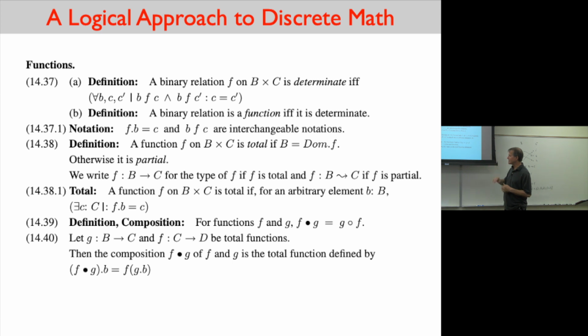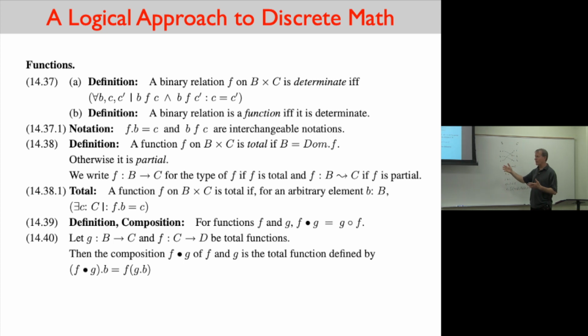So that's the thing about it. And I think the reason we're doing this is because there's conventional math notation, and function composition describes the relation product when you're dealing with functions. It's called function composition. And now the next theorem, and by the way, this is a definition, so do we prove 14.39? No.